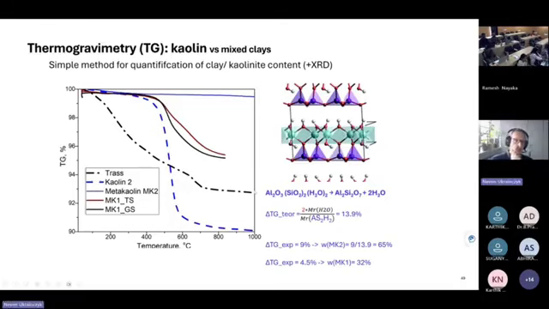That's all explained in that book I showed you yesterday, Microstructural Characterization of Cementitious Materials. There you have a chapter on thermogravimetry, where it is described how to use the tangential approach to get the mass loss, and then you get your result in percentage.